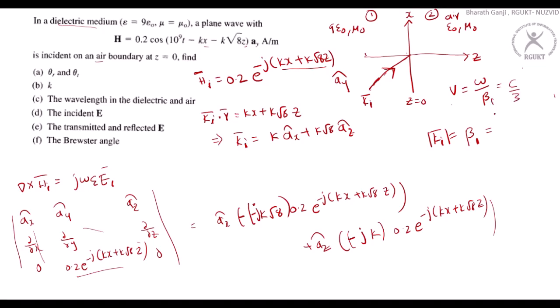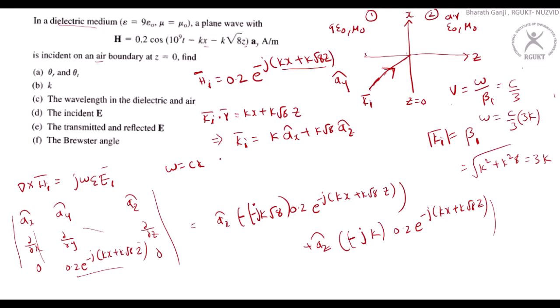So you can see that this is nothing but c by 3. So the velocity is c by 3, then the frequency omega is c by 3 times beta 1. So what is beta 1? If I take the magnitude, I can see that it is the square root of k square plus k square into 8 of whole square. So you get 3 times k. So omega is simply c into k.